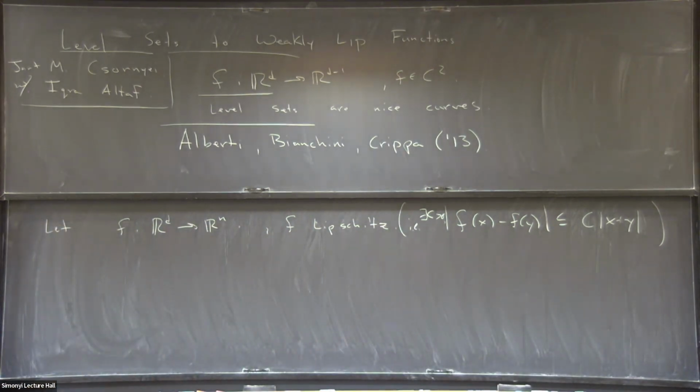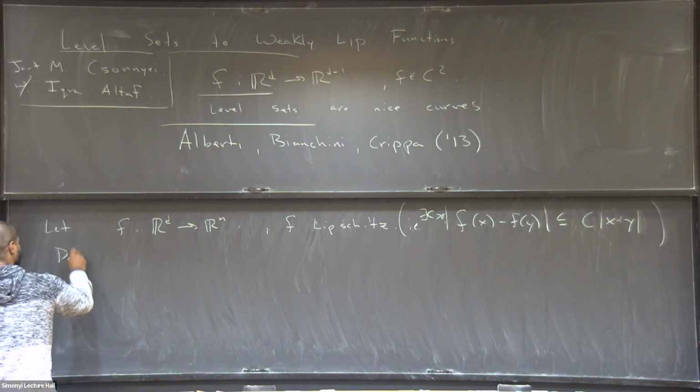And so I'll write down part of a theorem that they have, but it's actually a fairly simple part of the main theorem of their paper. Okay, so part of a theorem.